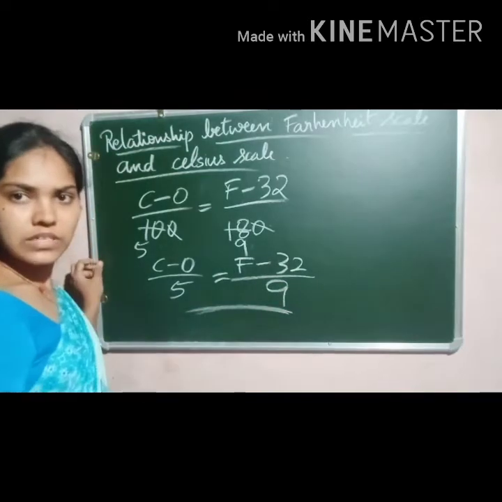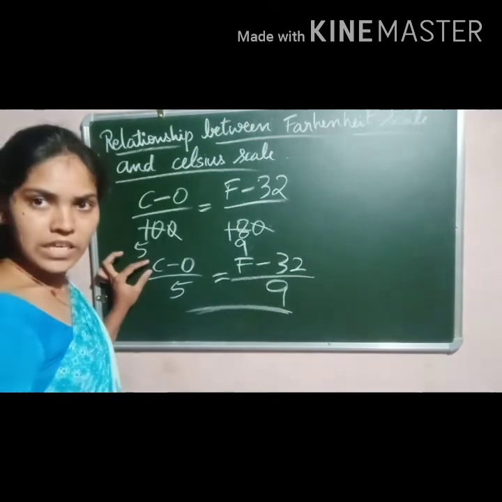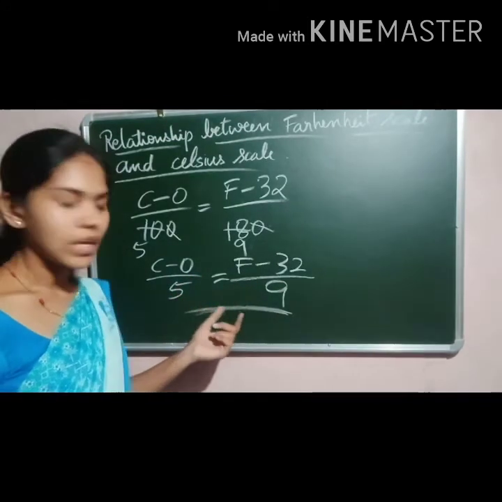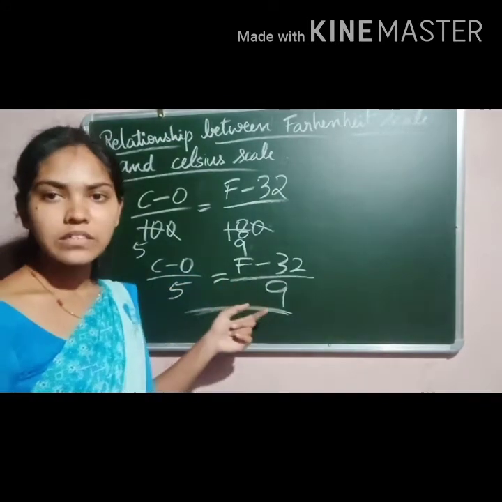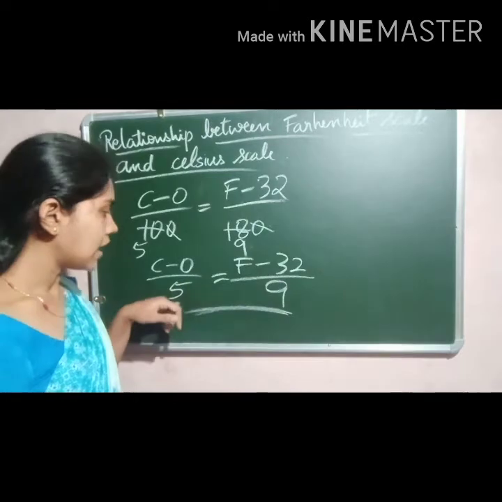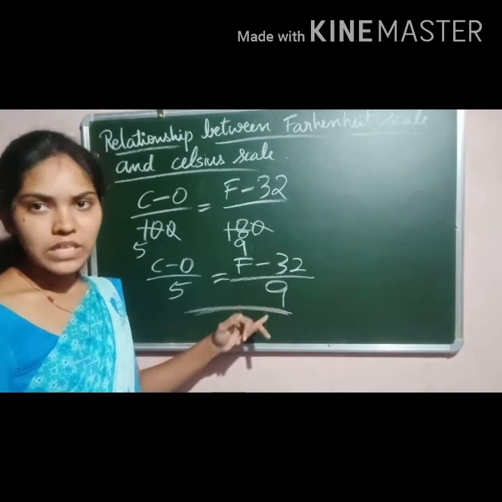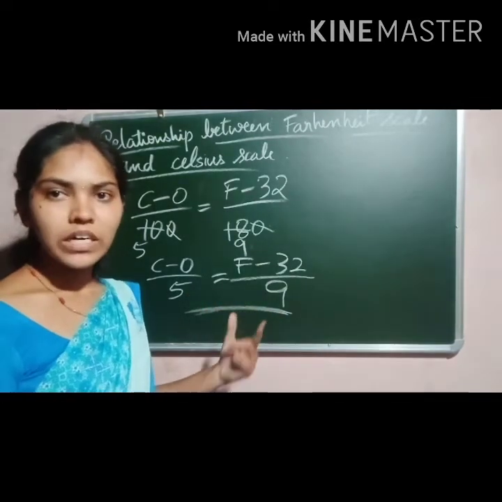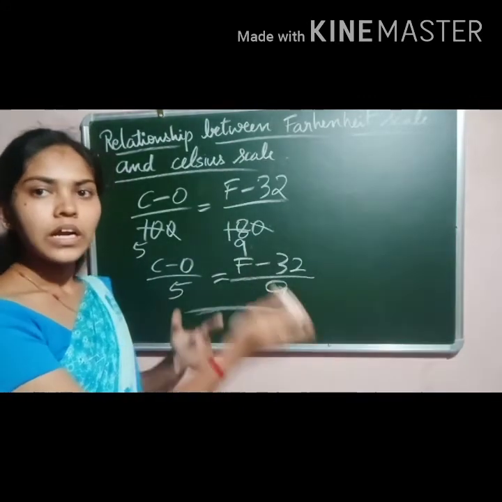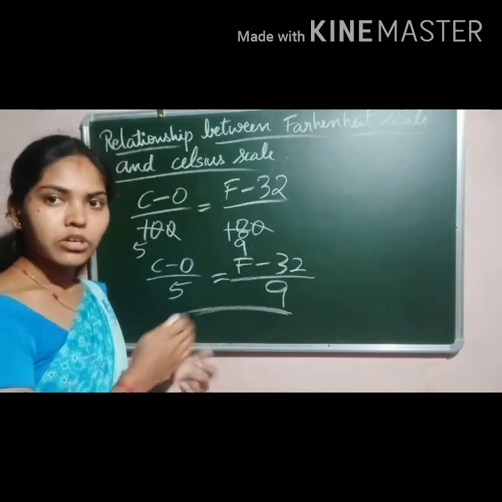So we can use this formula: if they give the temperature in Celsius and ask to convert it into the Fahrenheit scale, you can use this formula: C minus 0 by 5 is equal to F minus 32 by 9. So we use this relationship to convert the temperature in Celsius to temperature in Fahrenheit, or if they give the temperature in Fahrenheit, convert it into Celsius, like that.